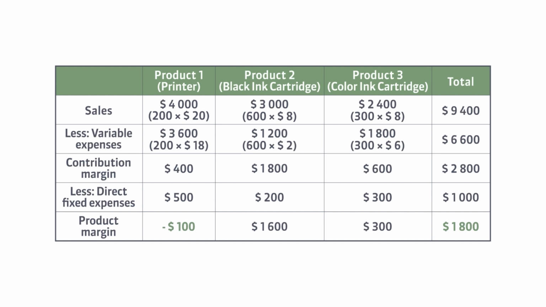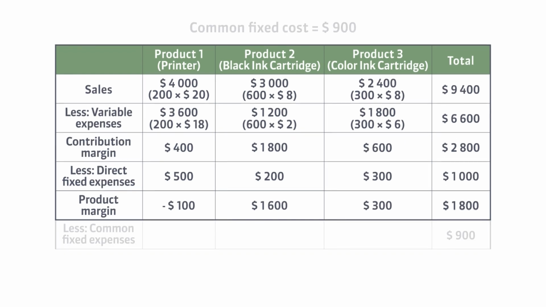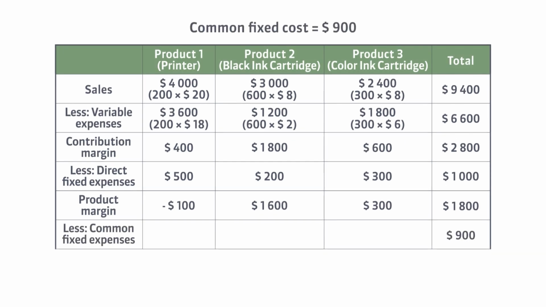Interesting, isn't it? But a break-even product margin covers only direct fixed costs. We'll still have some fixed costs that couldn't be assigned to specific products. The common fixed costs also remain to be covered.